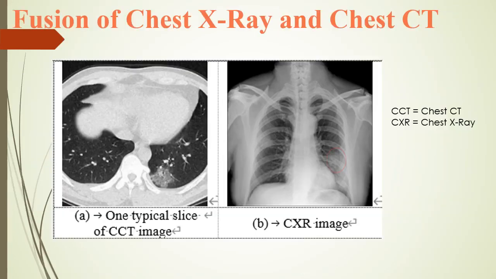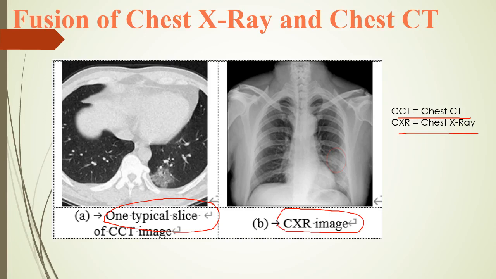This slide shows the idea of fusion of chest X-ray and chest CT. We all know that the chest CT is three-dimensional. Here we only use one typical slice, but in our algorithm, we use the whole 3D chest CT. And picture B shows one slice of the chest X-ray image. Our idea is that we develop a multiple input model.